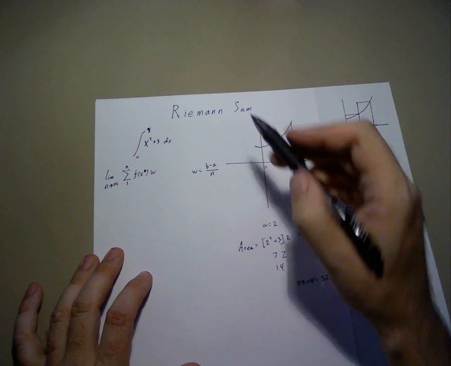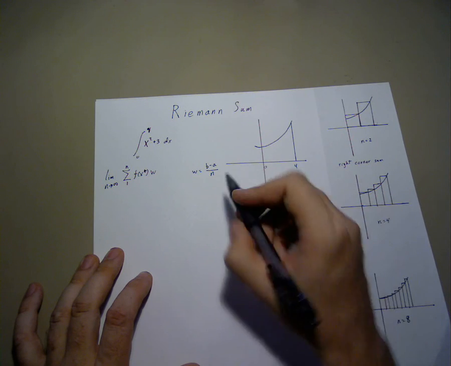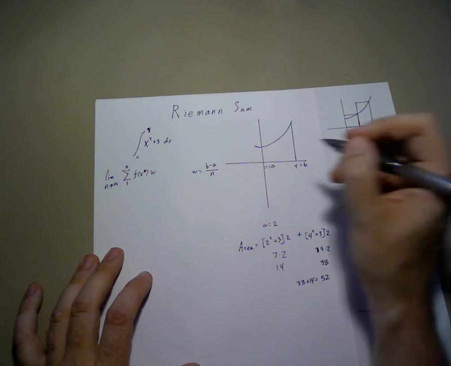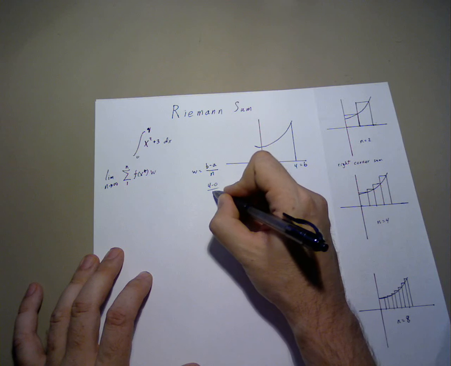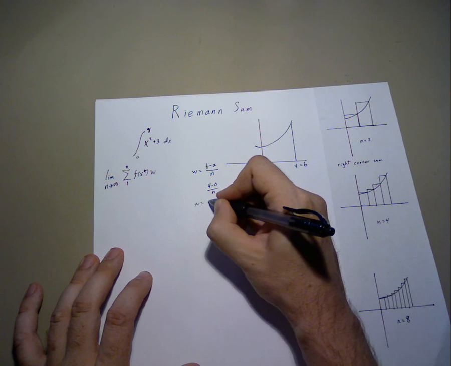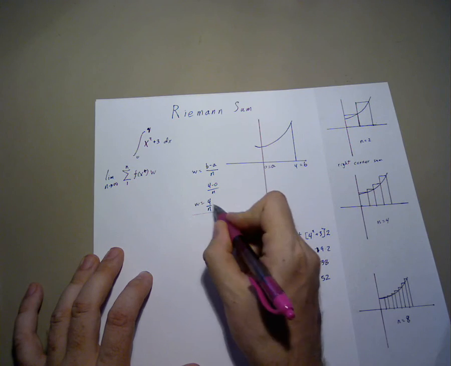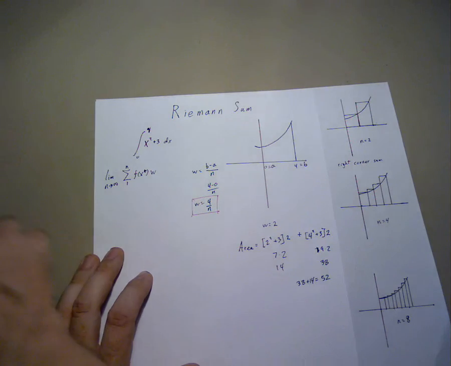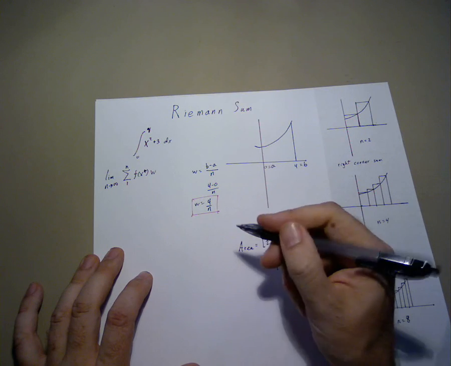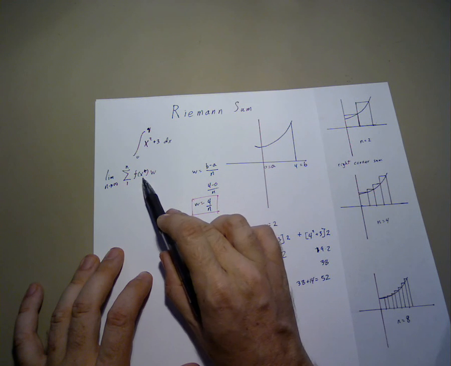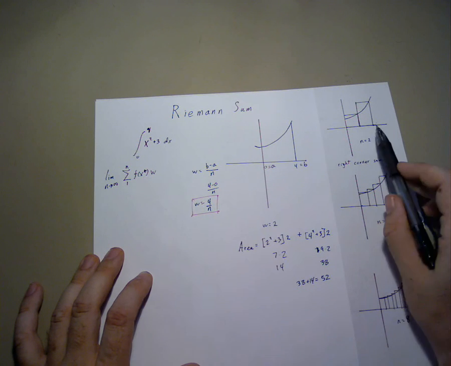Now, in our case, we're summing from 0 to 4, so a equals 0 and b equals 4. We have 4 minus 0 over n, or simply w equals 4 over n. Likewise, x star gives us the x value of the right corner of the rectangle.